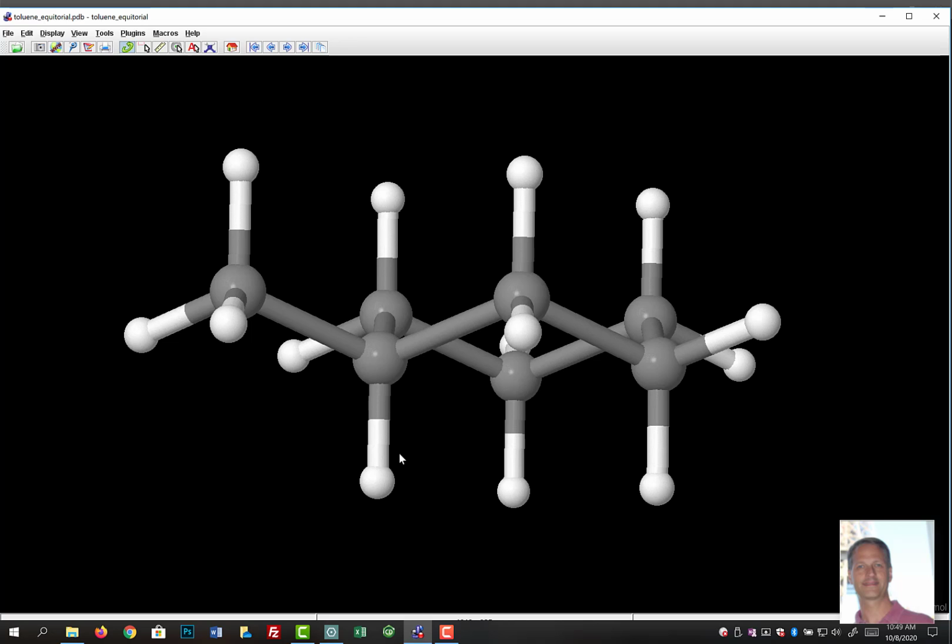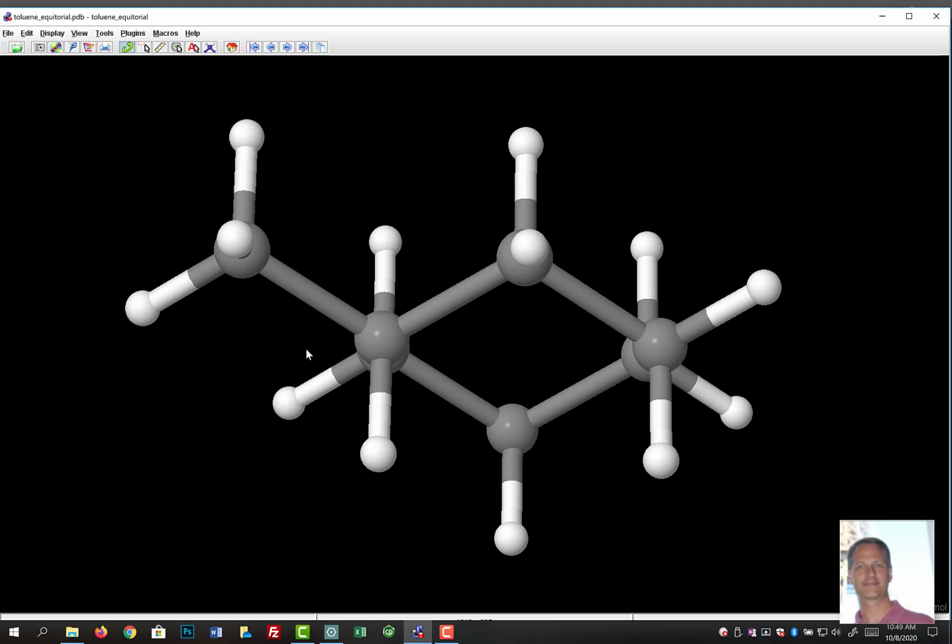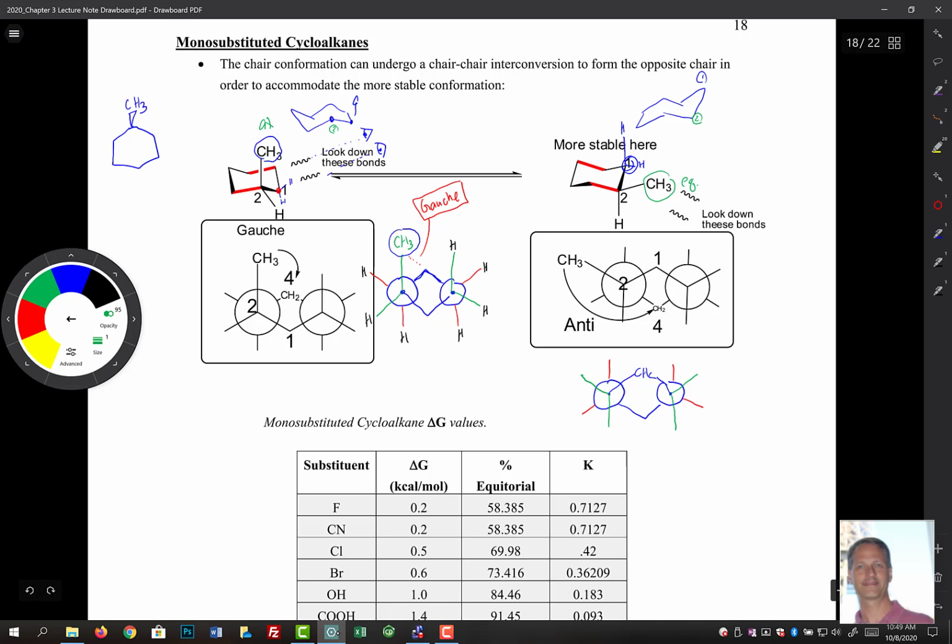So this is axial, that H pointing down, and that is equatorial. So if we go back to our structure, we're going to put our CH3 right here. That's what we're talking about. So that's that position. And then, as we did before, H is everywhere else.